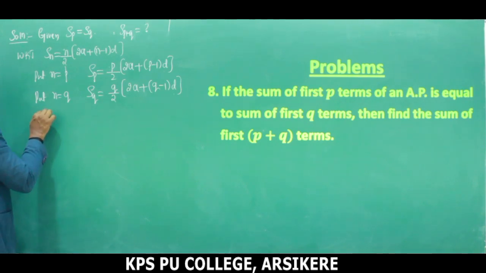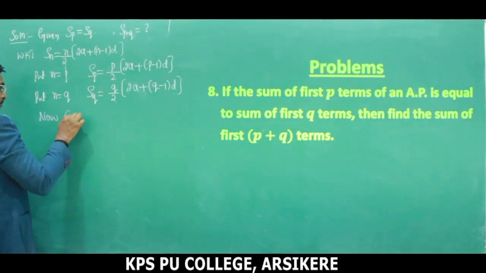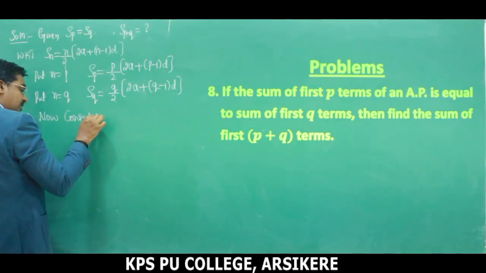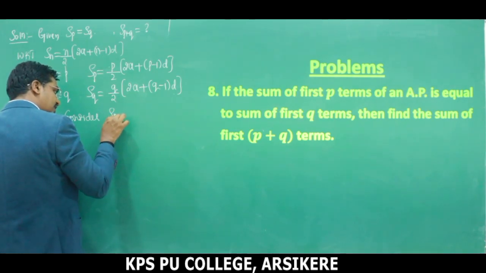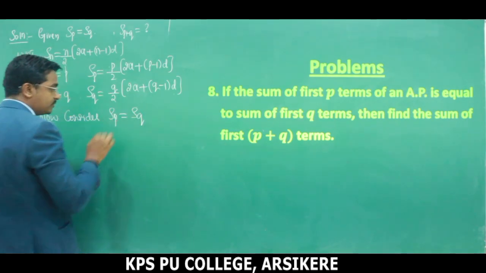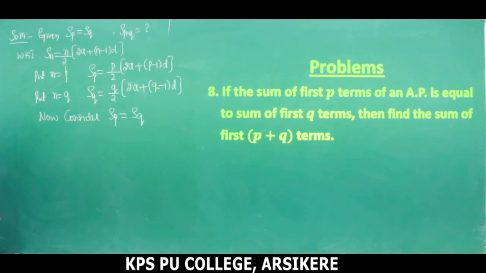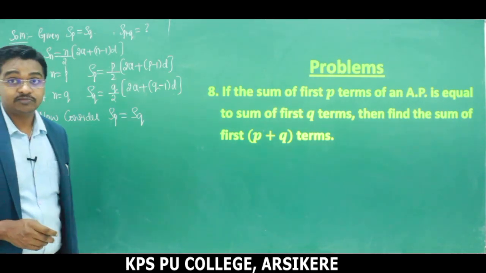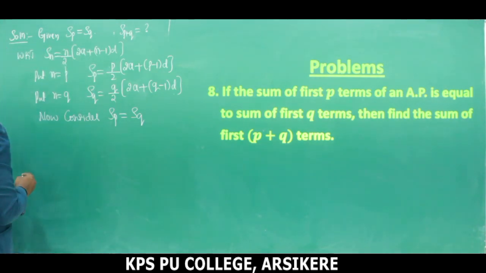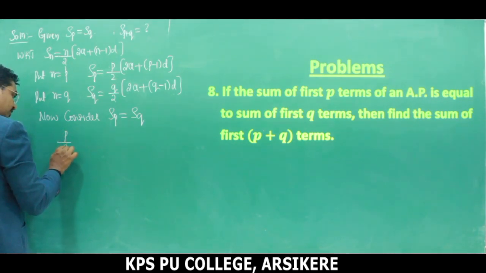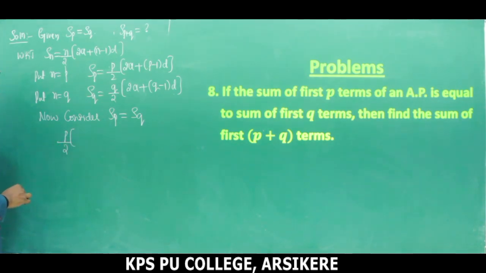Now consider the given thing. Sp is equal to Sq. The sum of first p terms is equal to the sum of first q terms of the AP. They are equal here. So substitute Sp and Sq.